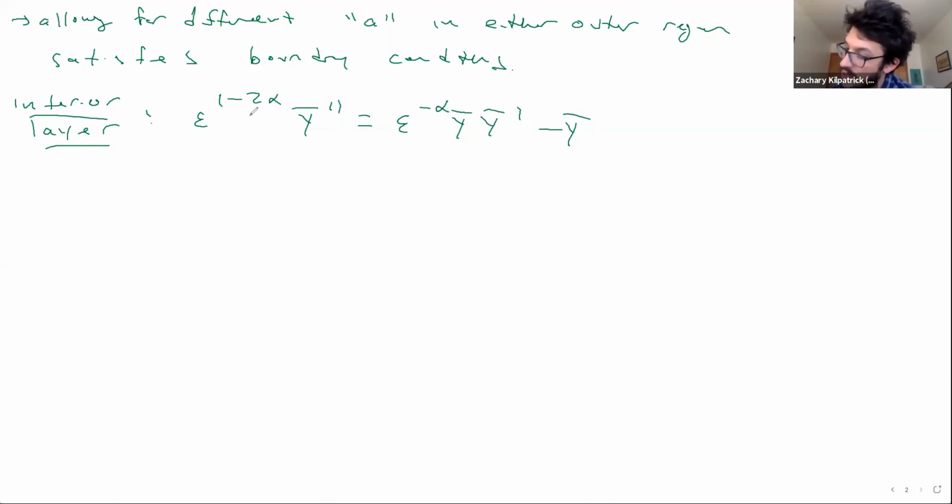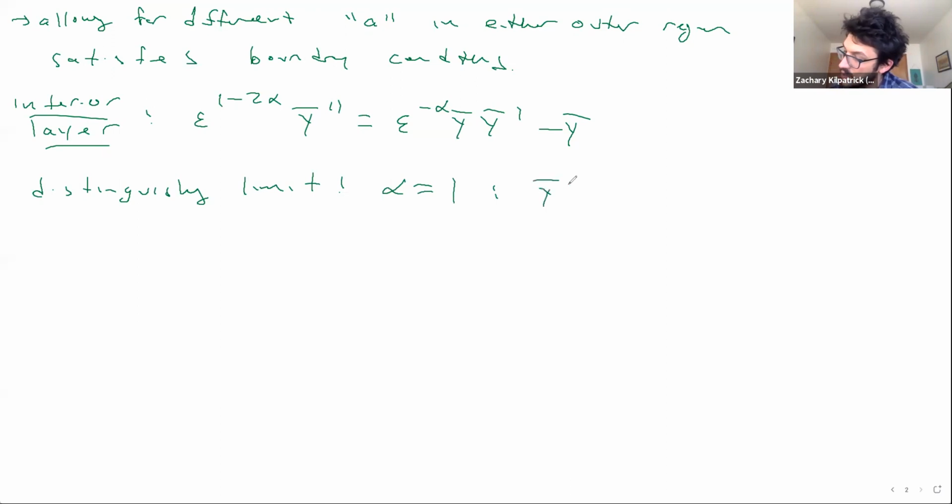So if I match this term and this term, then they'll be leading order, okay? And I'll, for the time being, ignore this additional term over here. So the distinguishing limit in this case is going to be alpha equals 1.